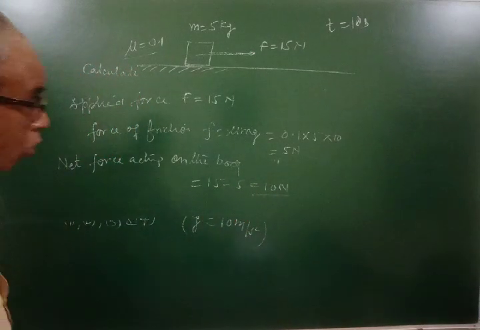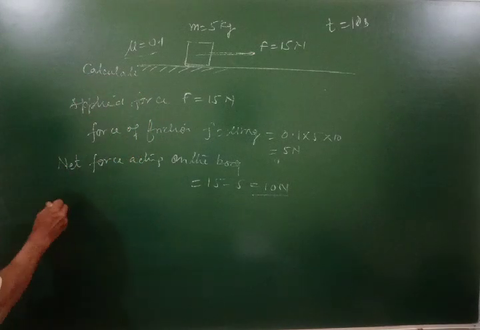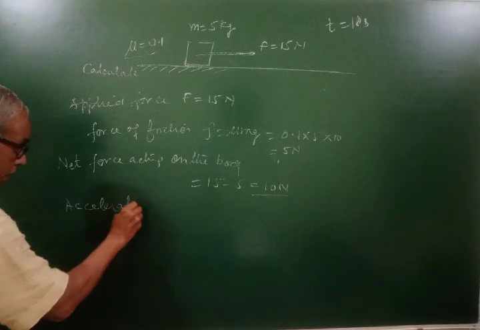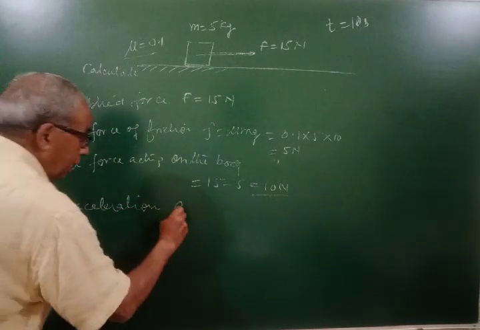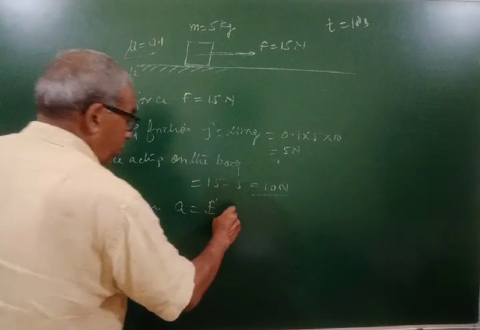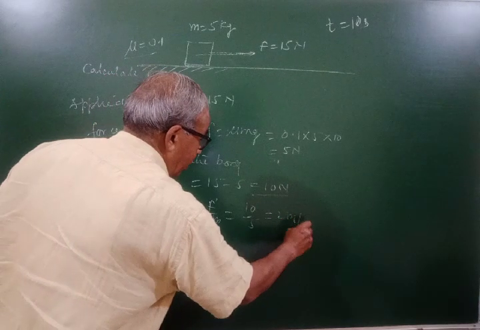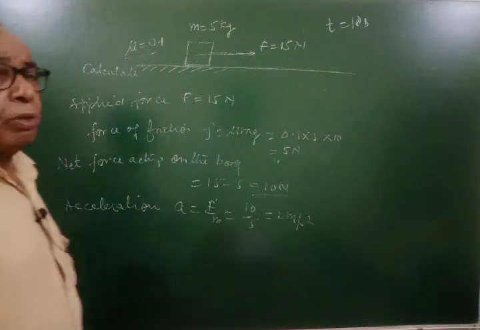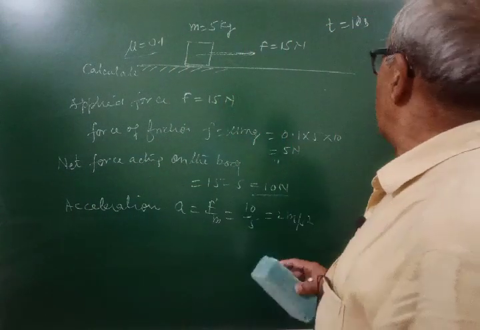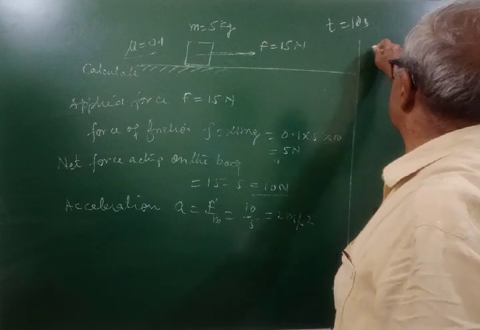So 10 Newton force will produce acceleration in the block. Acceleration a equal to F by m, unbalanced force 10 upon 5. So it is 2 meter per second square. 2 meter per second square is the acceleration.